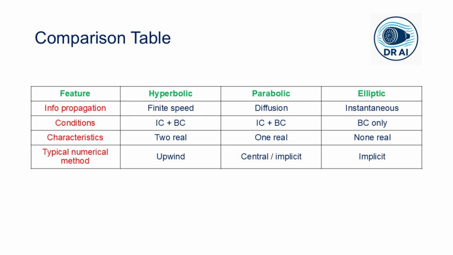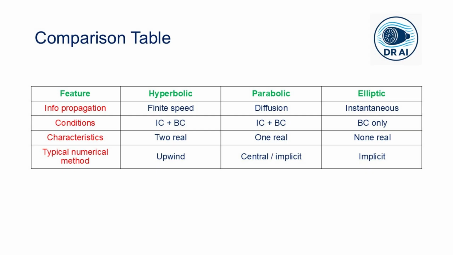Moving on to the typical equations, hyperbolic equations are represented by either the wave equation or the Euler equation, while the parabolic is represented by the heat and the boundary layer equations.